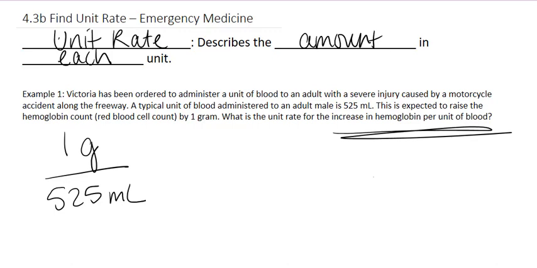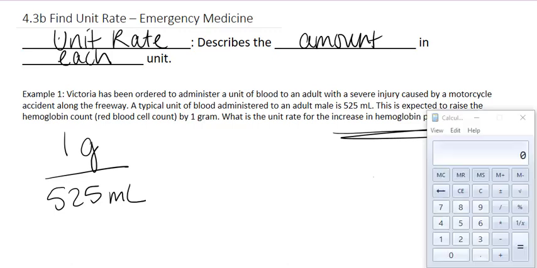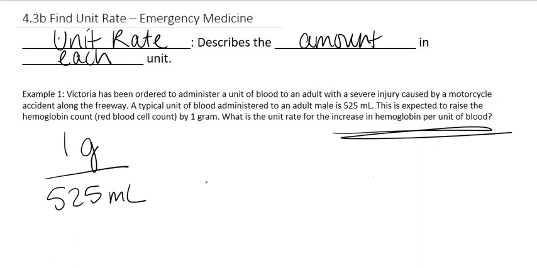So let's get our calculator out and let's divide. So we would put 1 divided by 525 is equal to this number. Let's go ahead and write that out. 0.001904.